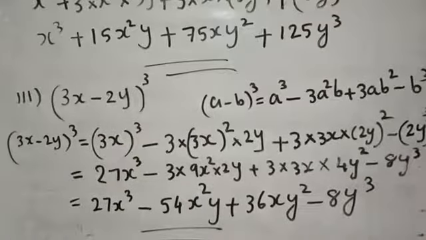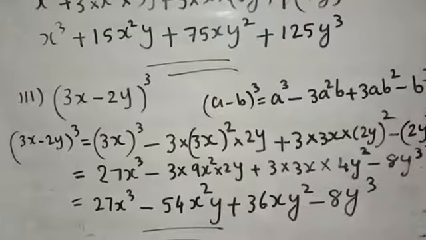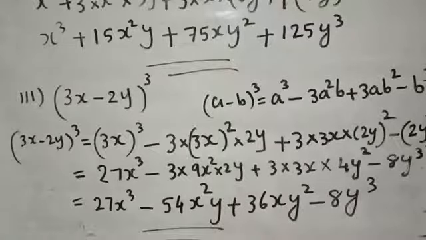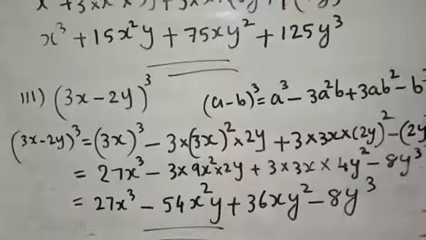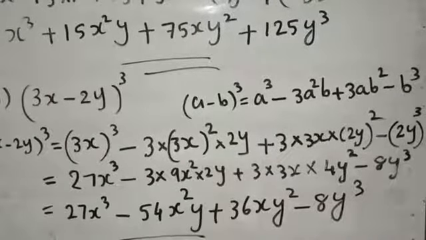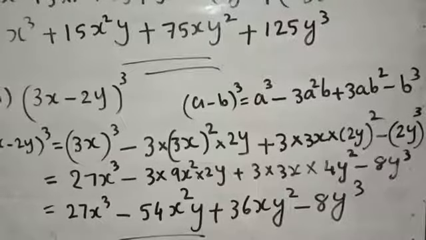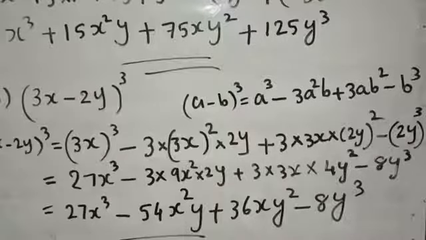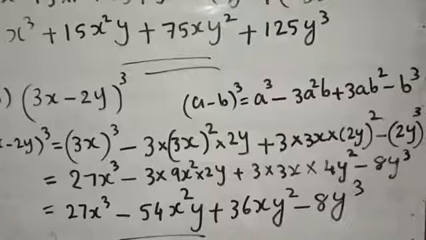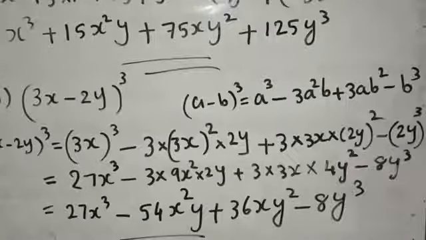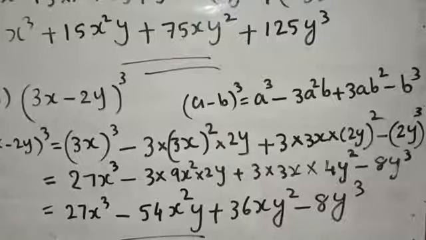This is the answer. Okay, 27x cube minus 54x squared y plus 36xy square minus 8y cube, which is our answer. The direct substitution in this formula. Okay, in the identity a minus b the whole cube is a cube minus 3a square b plus 3ab square minus b cube. Here a is equal to 3x and b is equal to 2y. Now you can directly substitute the values. Clear?